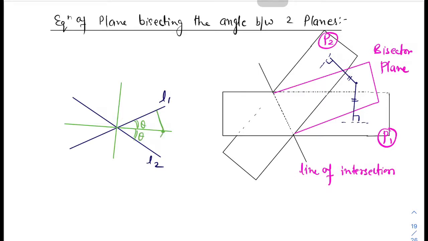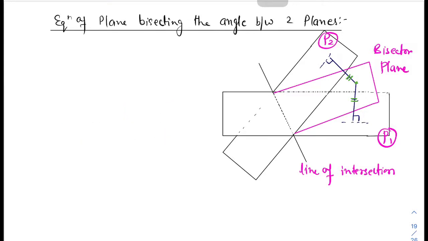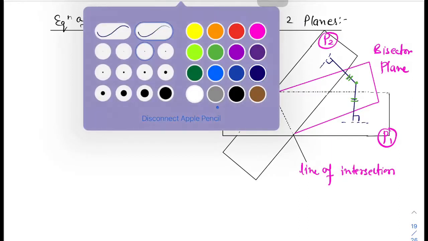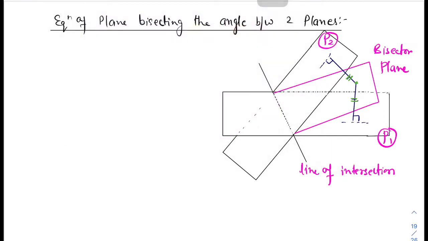From any point on this bisector, the perpendicular distances from both the lines L1 and L2 are the same. Also in 3D, I am saying that these two distances from any point on the bisector plane to the given planes must be equal. So by considering this fact, we can write the equation of the bisector planes like this.